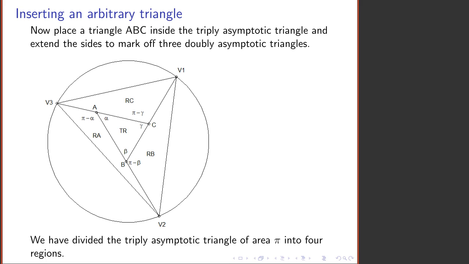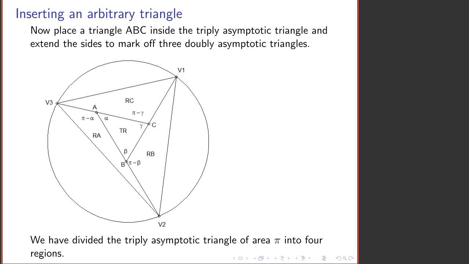And now it's going to turn out to be a very simple matter to calculate the area of TR for the simple reason that these other three regions are all doubly asymptotic triangles. And we know that for a doubly asymptotic triangle, the area is pi minus the non-zero angle.